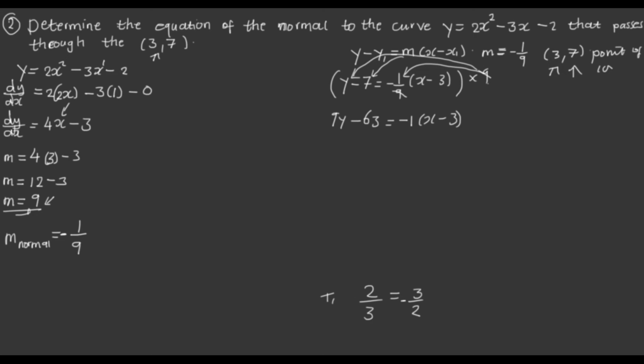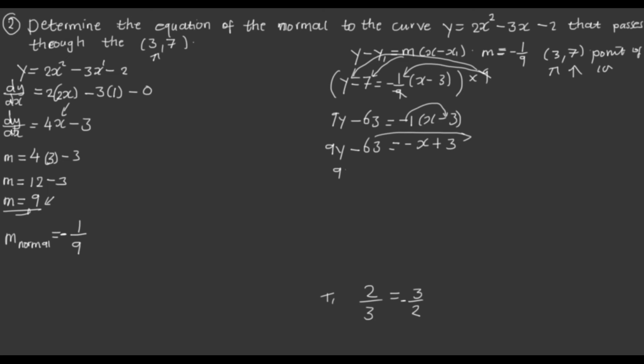The reason why I multiplied by 9 was just to get rid of the fraction so that we reduce the time consumed. So we can proceed. We have 9y minus 63, then negative 1 times x we get negative x, then negative 1 times negative 3 we have positive 3. Then this will shift to the other side.